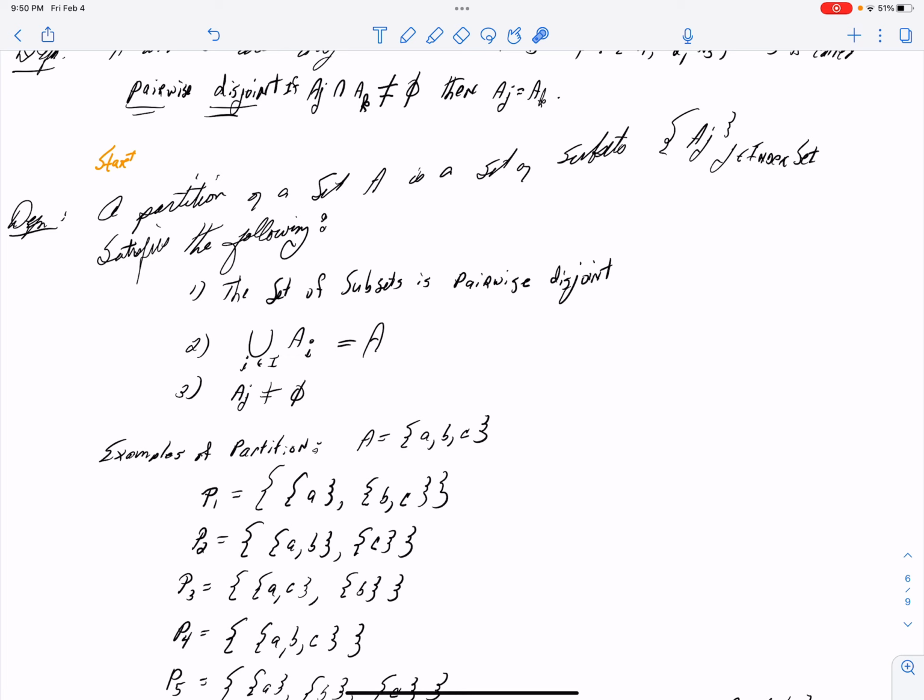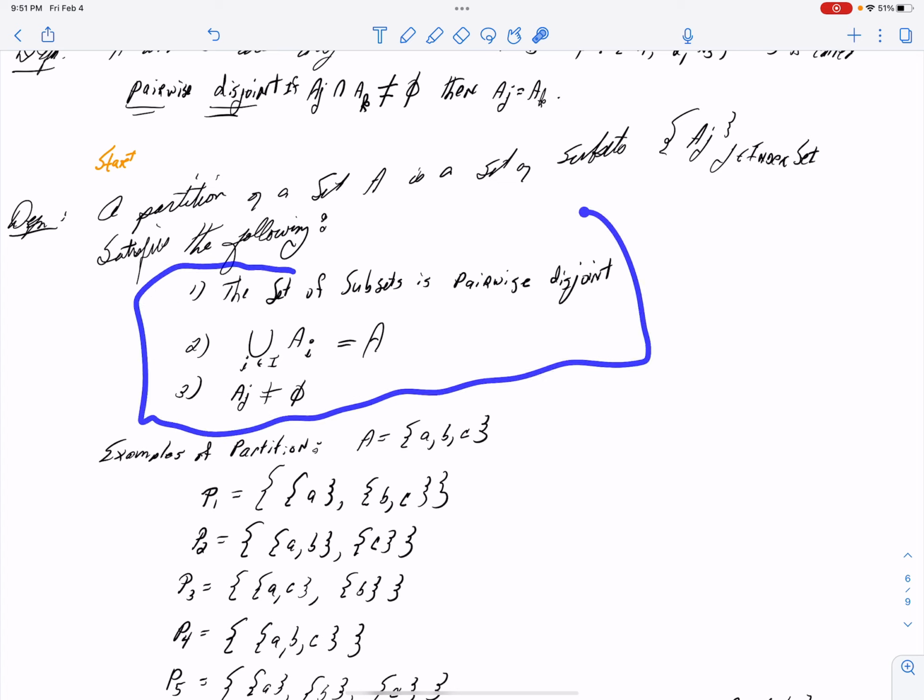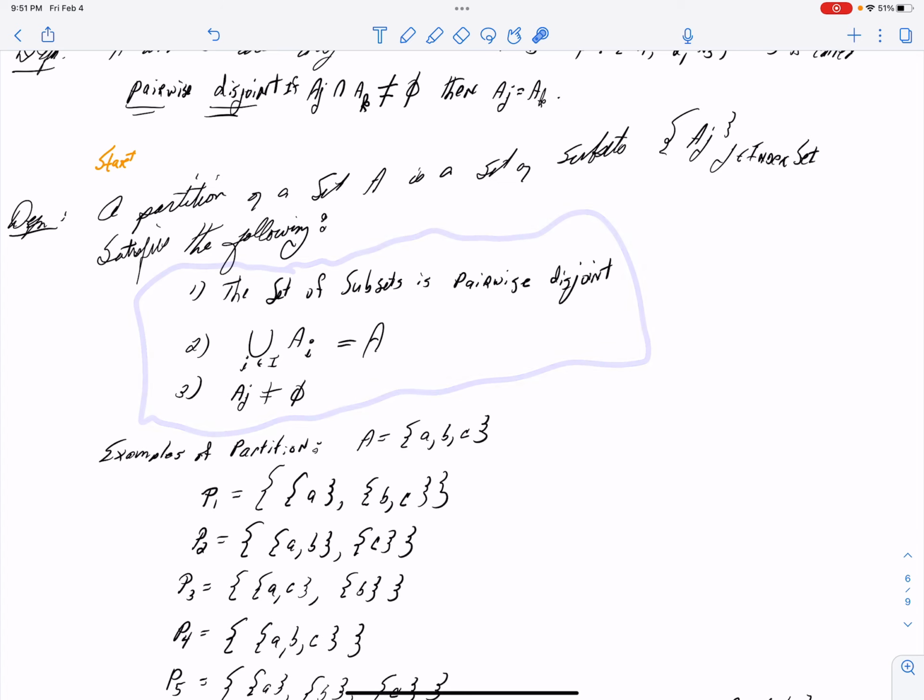Another property is if I add up all the pieces, I get the whole room again. And the last property is none of those pieces are empty. All right, and that's exactly what the three criteria for a partition are.